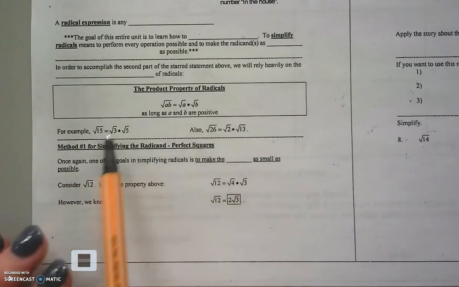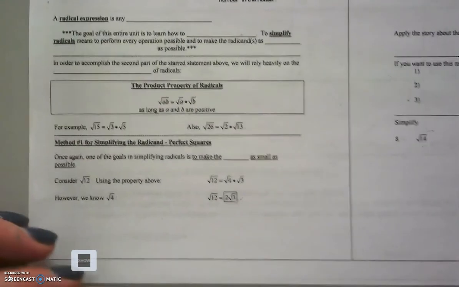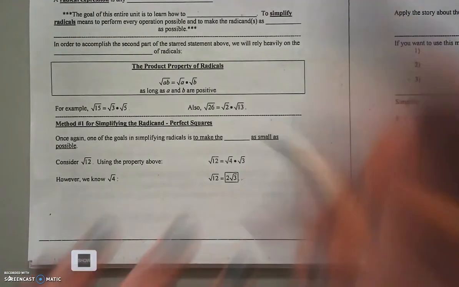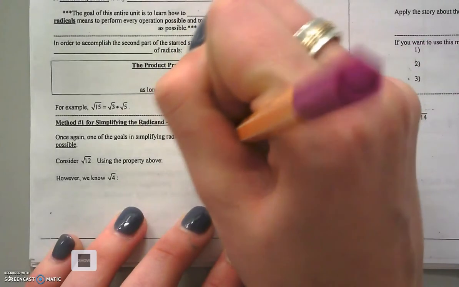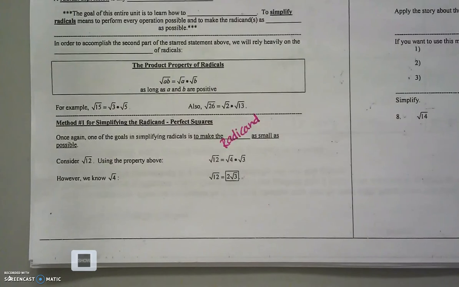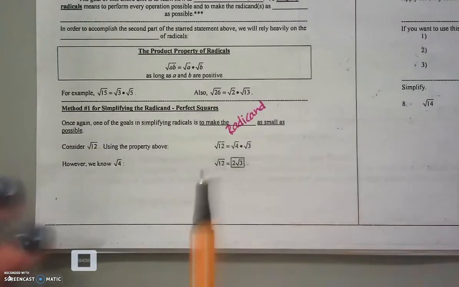And they broke down 2 examples for you there. So our goal is to look for perfect squares. Once again, our goal in simplifying radicals is to make the radicand as small as possible. So you can break your radicand up.